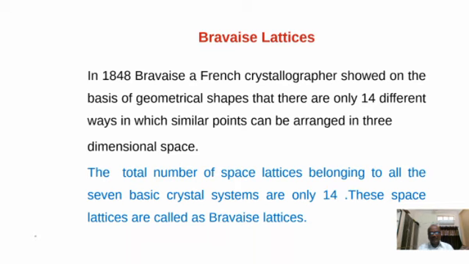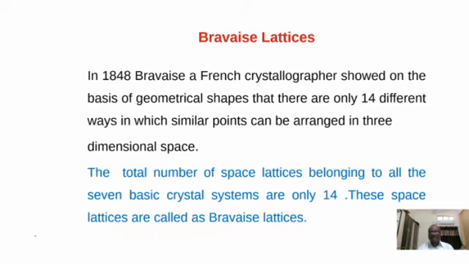Actually, 232 groups of arrangements are there in the crystal system, but all of them are regrouped, and finally it was observed that there are 14 different ways in which similar points can be arranged in three-dimensional space. These 14 different ways are nothing but Bravais lattices.